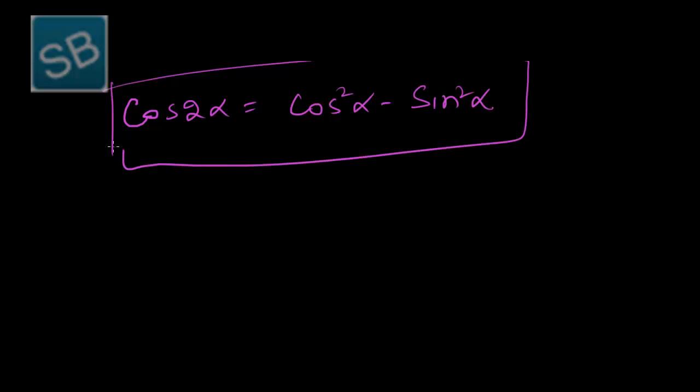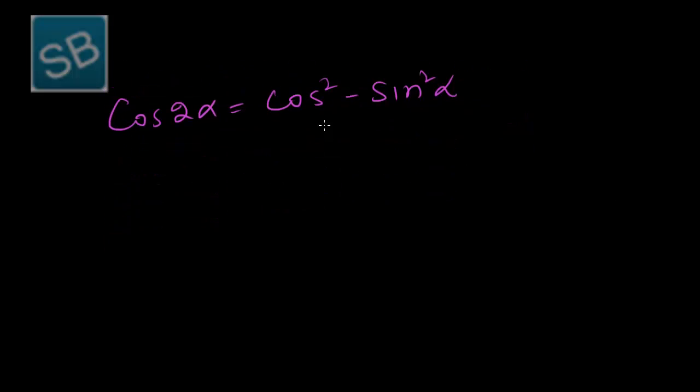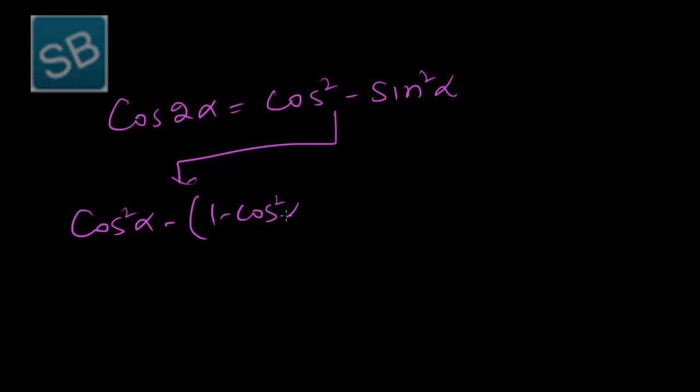We can make another form. As cos 2 alpha is equal to cos square alpha minus sin square alpha, it can be written as cos square alpha minus (1 minus cos square alpha), by using the identity sin square theta plus cos square theta is equal to 1.